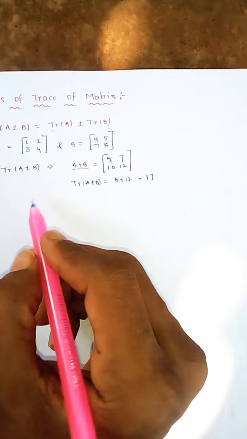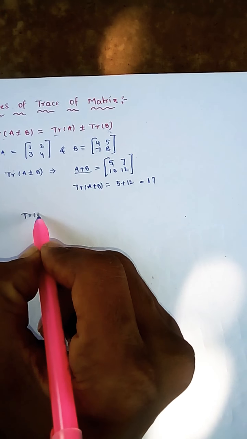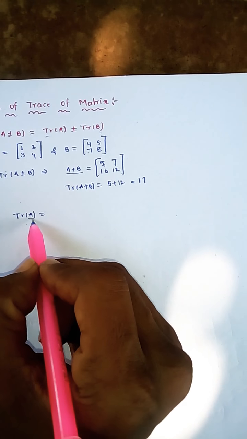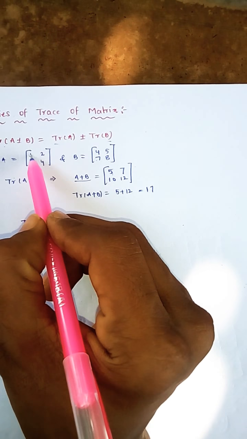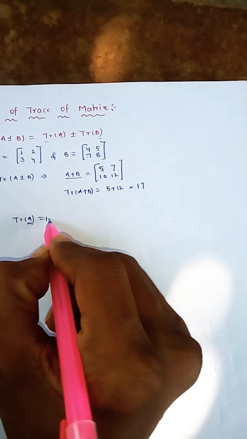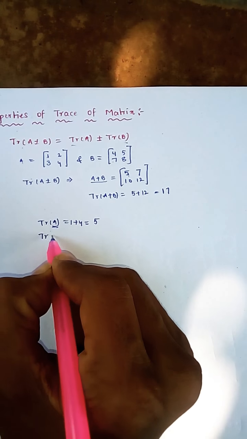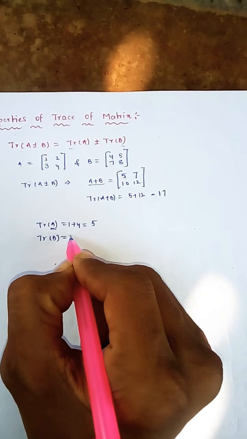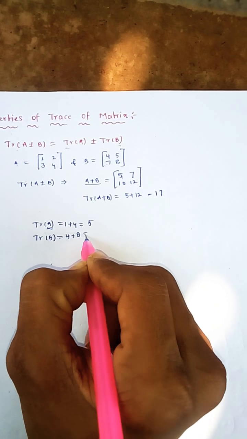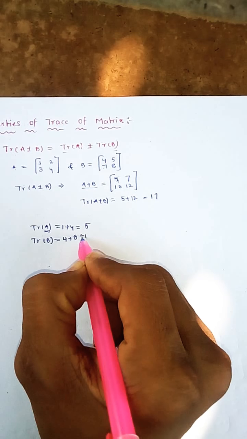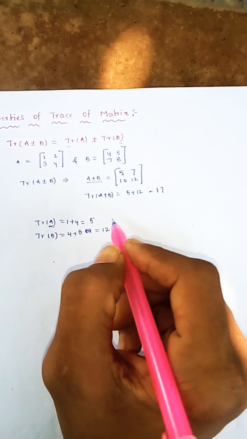Coming to the right side of the property, trace of A means A matrix trace, that is 1 plus 4, that is 5. Similarly, trace of B is equal to 4 plus 8, that is equal to 12.